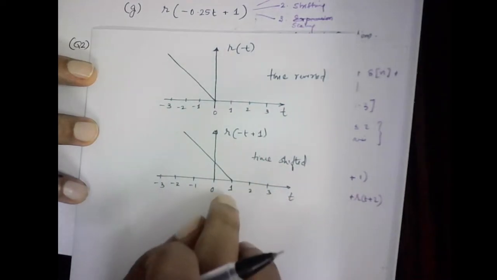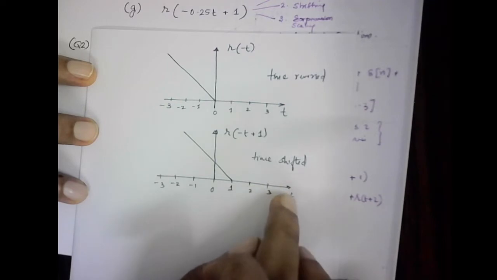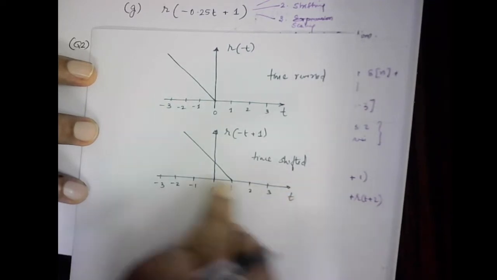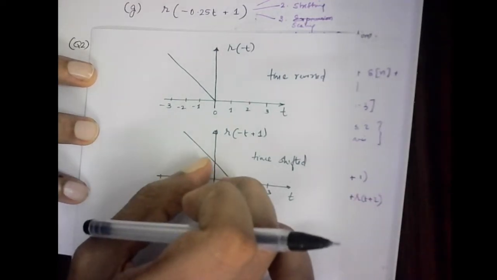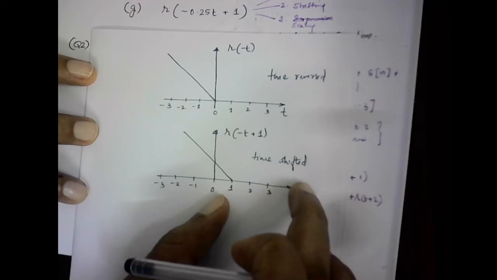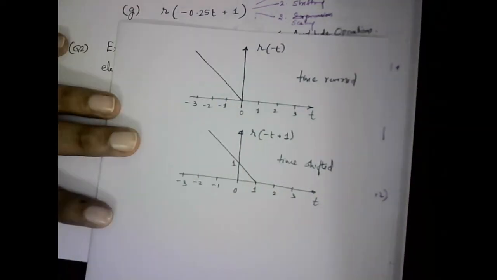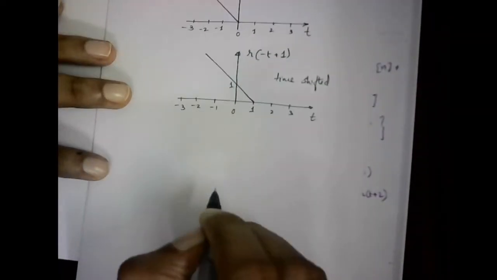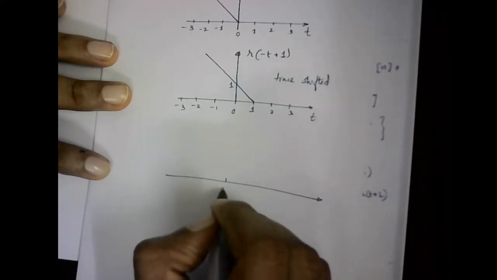So whatever is there at 1 will go to a place of 4, and likewise. So this much signal will be expanded over 4 seconds.